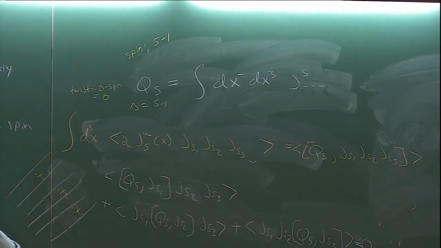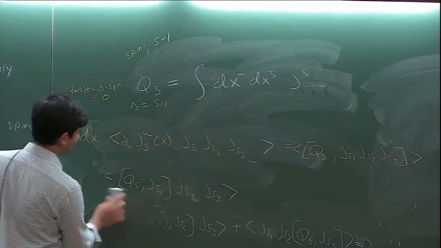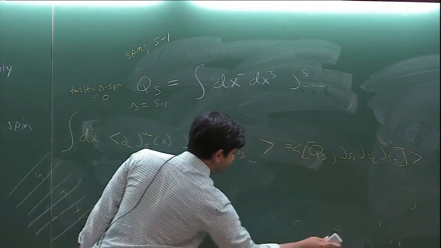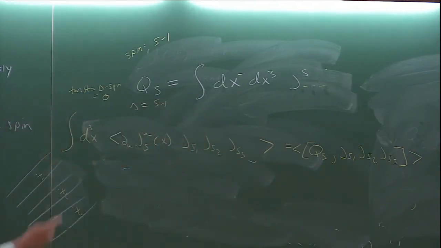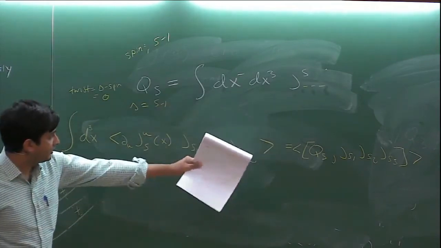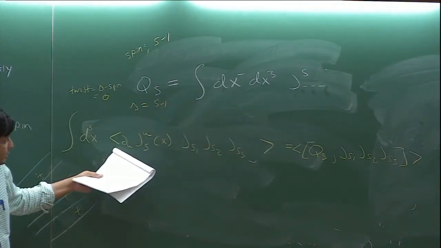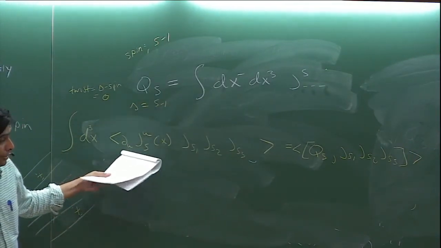So then we have a situation similar to what we had earlier, where Q's acting on the J's were supposed to be 0, only in this case, sometimes the right-hand side of the equation will be non-zero.